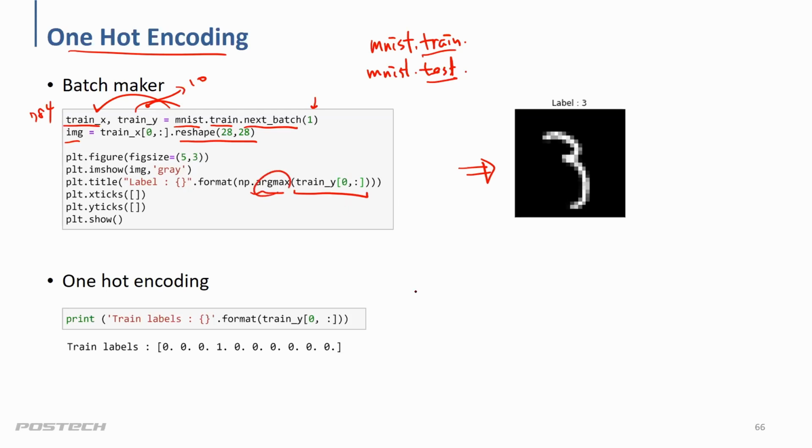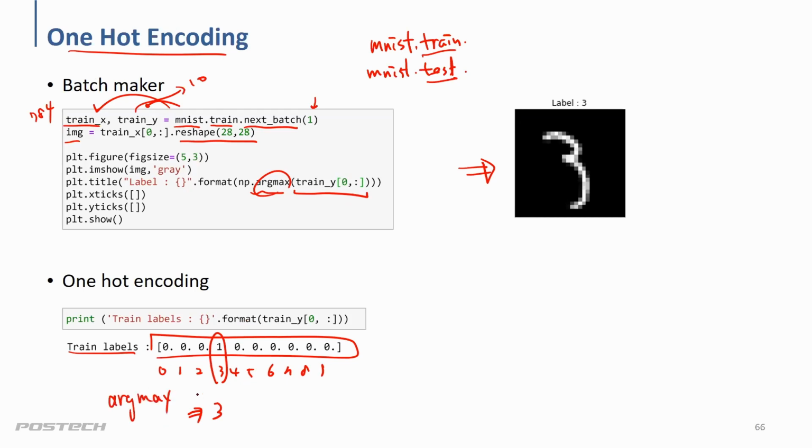So this is the labels or Y's, and we know this is 0, 1, 2, 3, 4, 5, 6, 7, 8, 9. So if we know that this is 3, what we can do is use argmax. I'm gonna pick the index of that. That's how to get it out, okay?